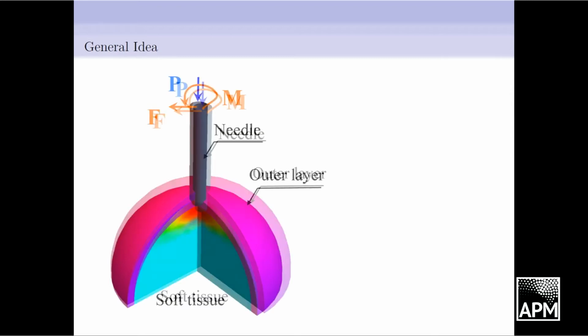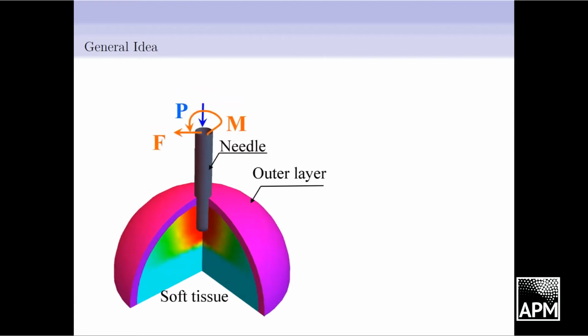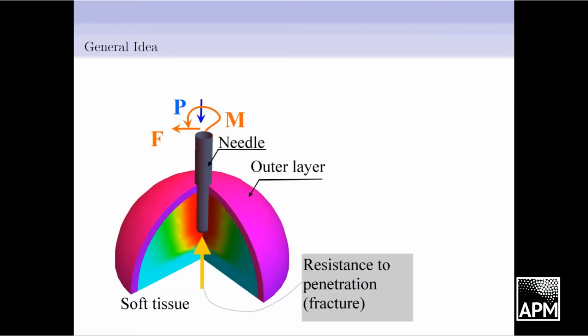While penetrating, stresses appear in the interior part of the soft tissue, and due to these stresses, shear stresses appear on the contact between the needle and the tissue. And of course, we feel some resistance to the penetration. How can we describe this resistance? We suppose that this resistance is the sum of two factors.